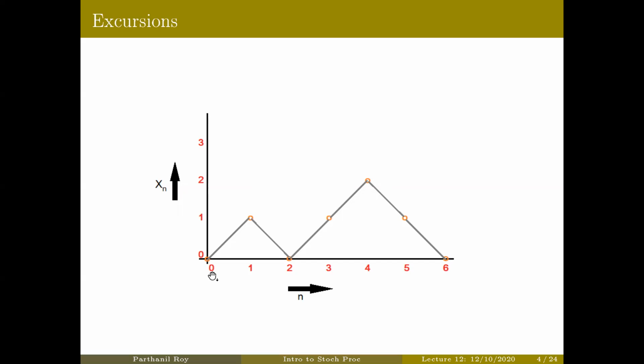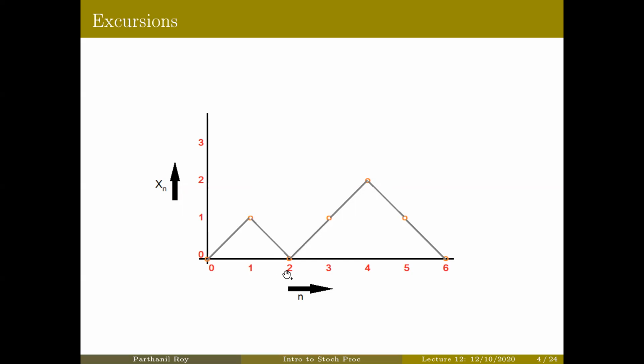So x0 is 0, and you start this at (0, 0). Then at time 1, it goes to 1. Then I'll draw the point (1, 1) and join (0, 0) with (1, 1).